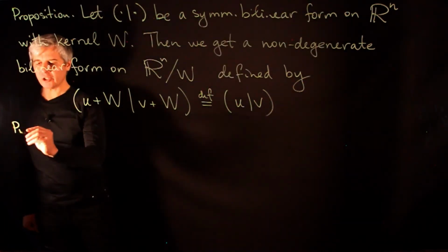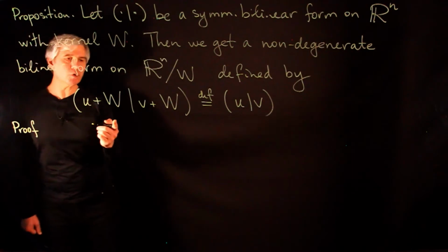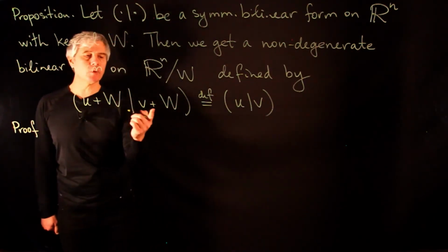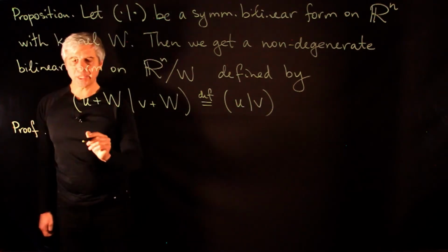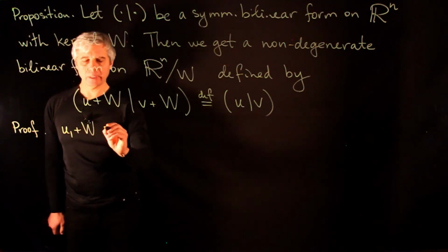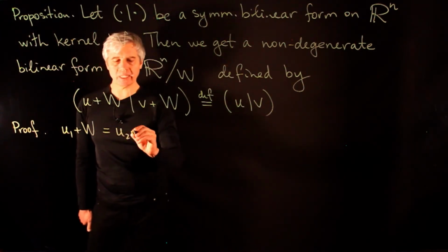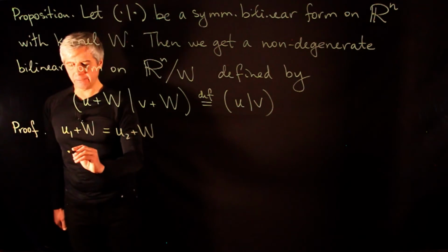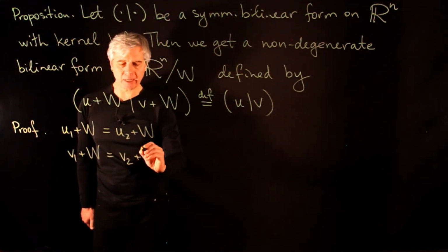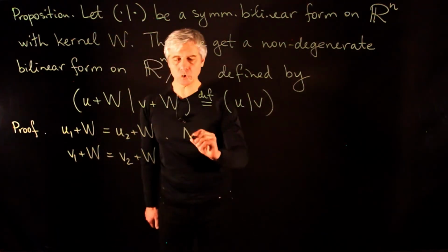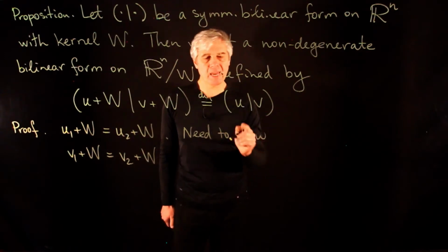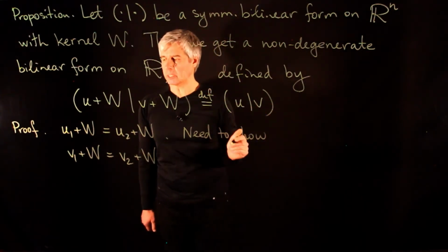To prove this proposition, we need to show that the value of this bilinear form does not depend on the choice of a representative. If we take two representatives of a coset, so u1 plus W is equal to u2 plus W, and v1 plus W is equal to v2 plus W, then we need to show that the right-hand side of this equality will be the same.